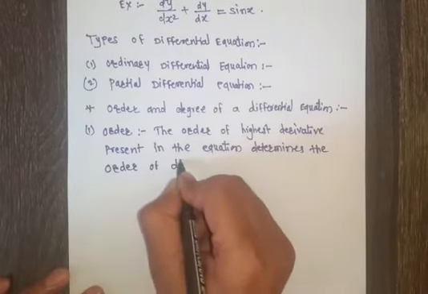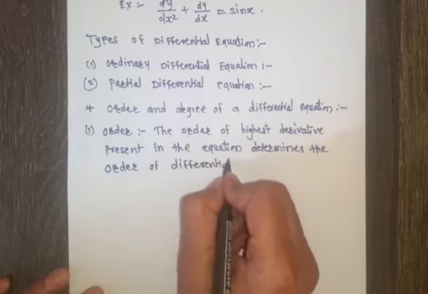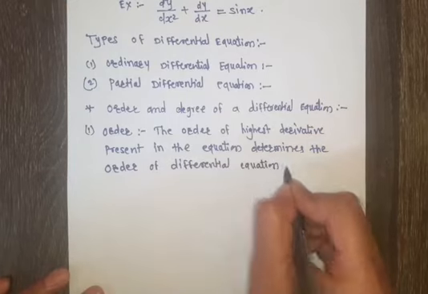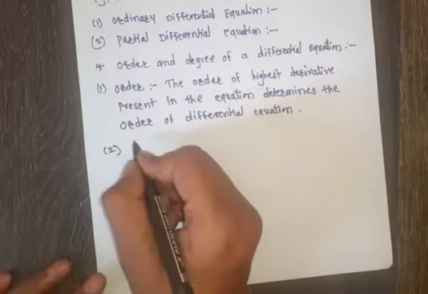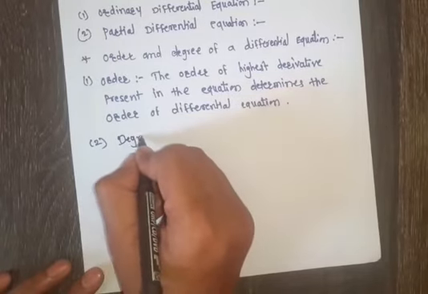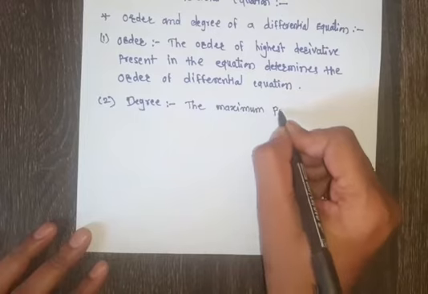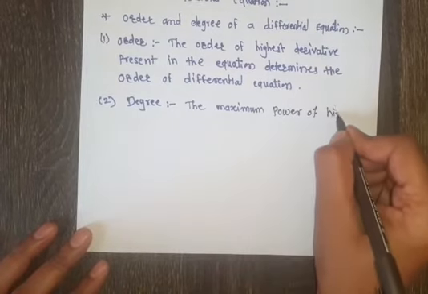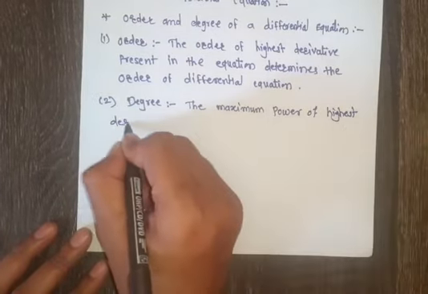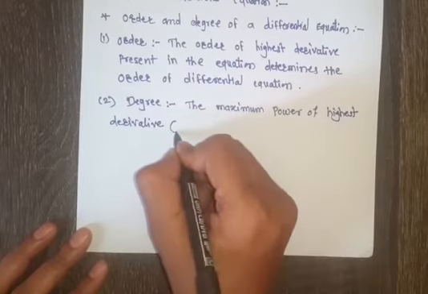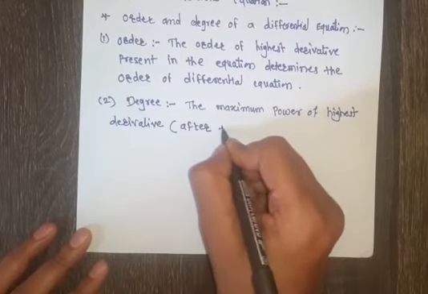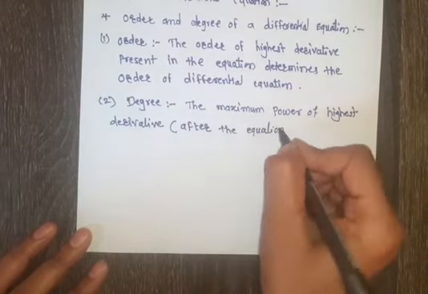The second definition is the degree of differential equation. Degree is the maximum exponent power of highest derivative that determines the degree of differential equation.